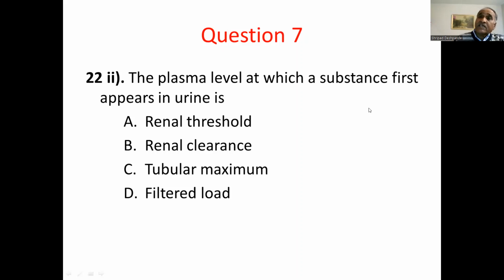Tubular maximum is the capacity of the tubule to transport the substance across the membrane. Filtered load is the concentration of a substance times the glomerular filtration rate. So that is filtered load.